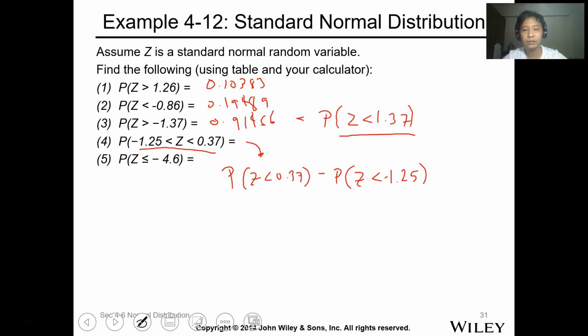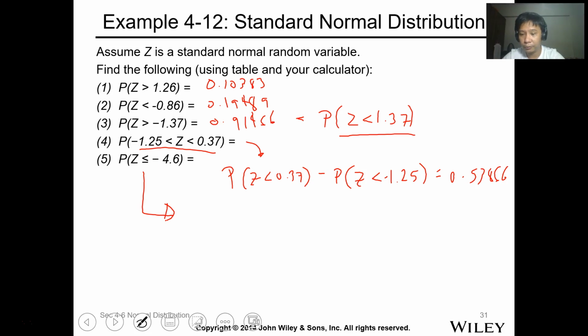So, type nyo lang, probability 5, 1 ng 0.37 minus shift 5, 1 probability ng negative 1.25. Okay? Then, the value is 0.53866.